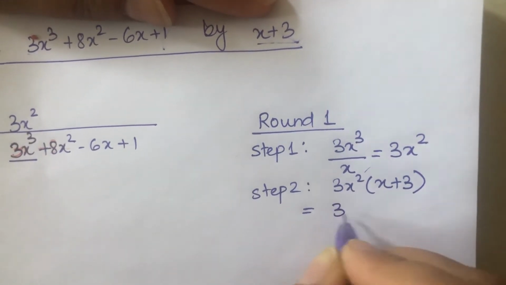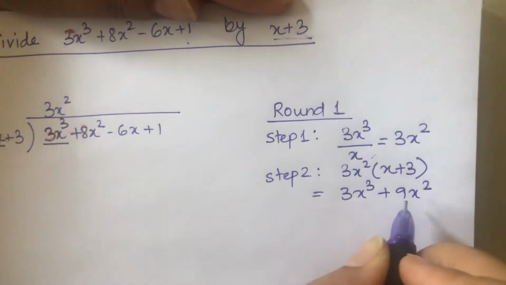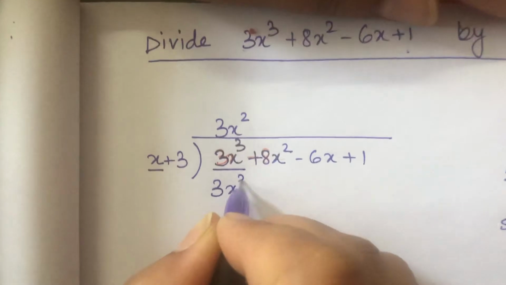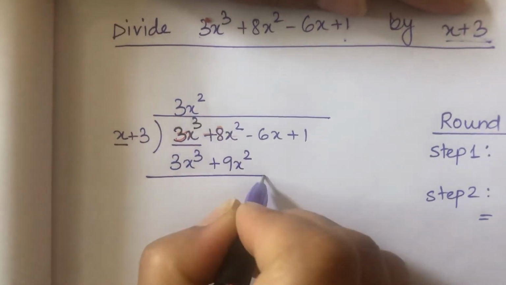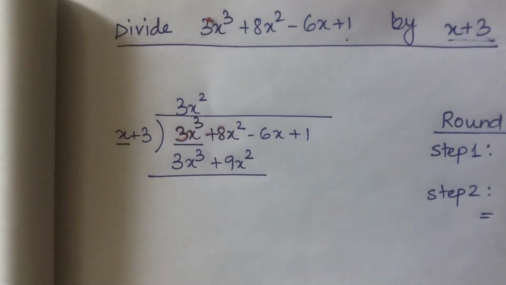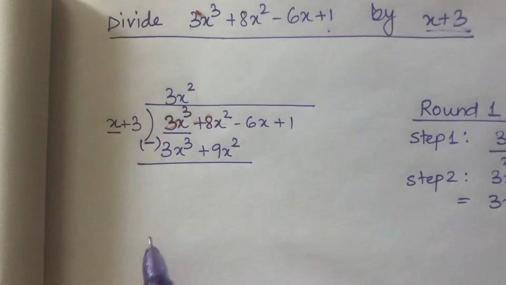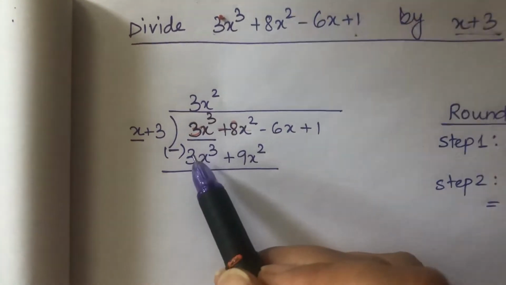So I will get 3x cubed plus 9x squared. I'm going to write this underneath the like terms, and I need to subtract it, just like a normal division. Always make sure that the first terms are getting cancelled.